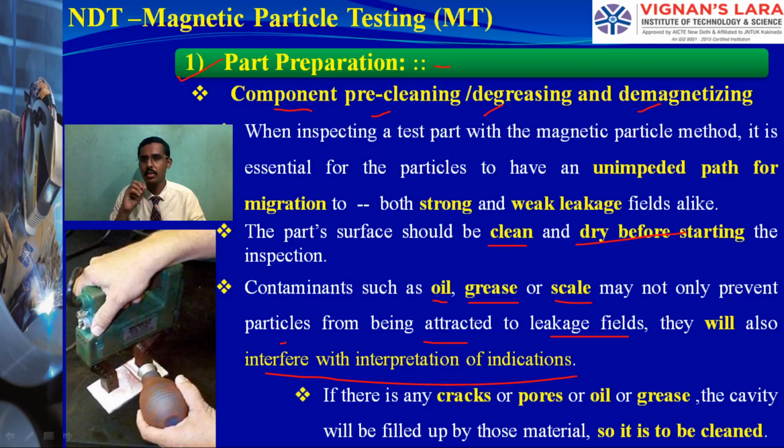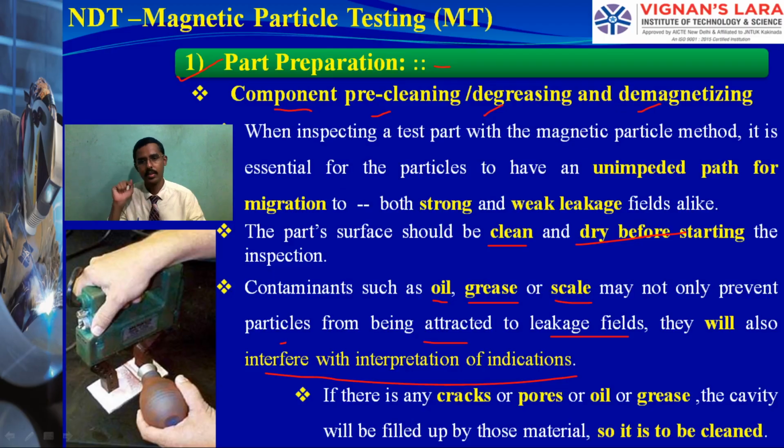It means the magnetic flux leakage is not attracting, it is blocking, like an insulator. But it is not only blocking; when it is in the same color, it may also interfere with the interpretation of the results. So all this we should avoid.